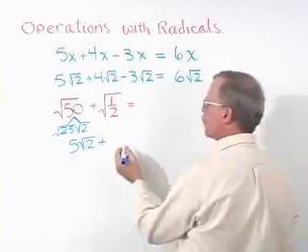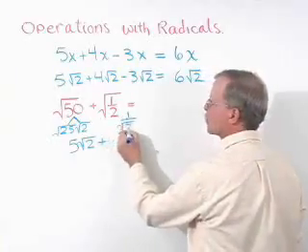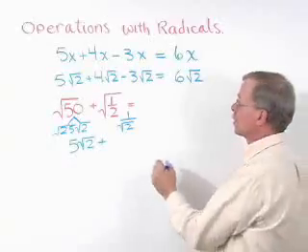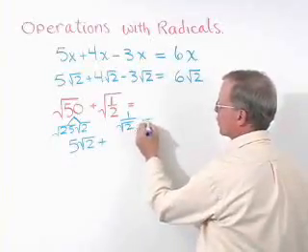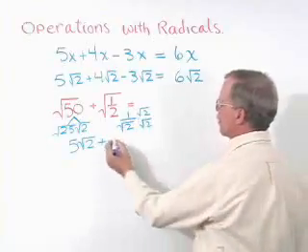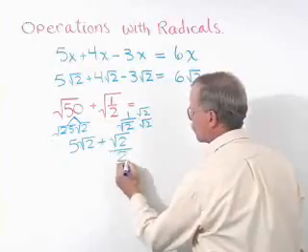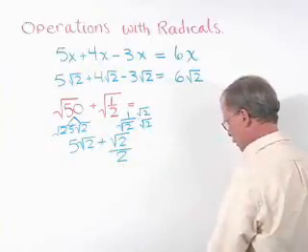That means we'd have to rationalize. So we've got 1 over the square root of 2, because the square root of 1 is 1. And we'd have to rationalize this. And we wind up with the square root of 2 over 2. So there's our problem.